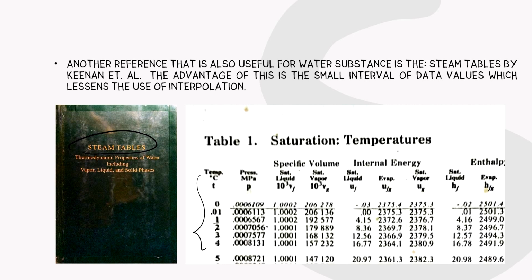That is the advantage of this reference. But again, the downside is that this is only for water. If the substance in the problem is not water anymore, then we cannot use this table.